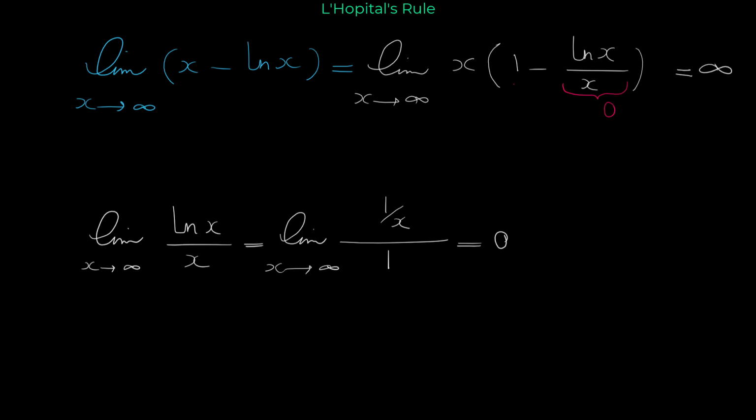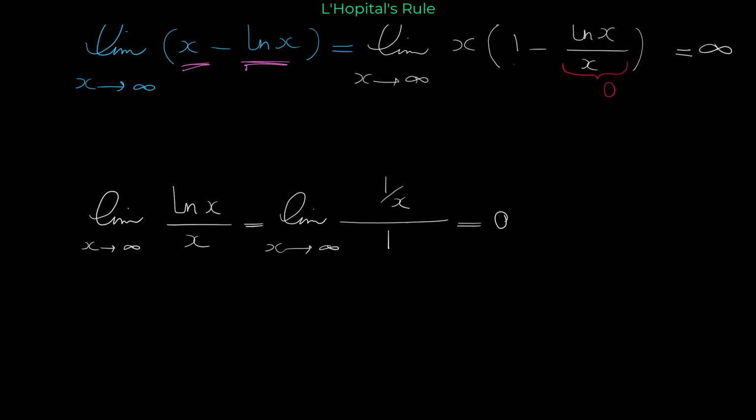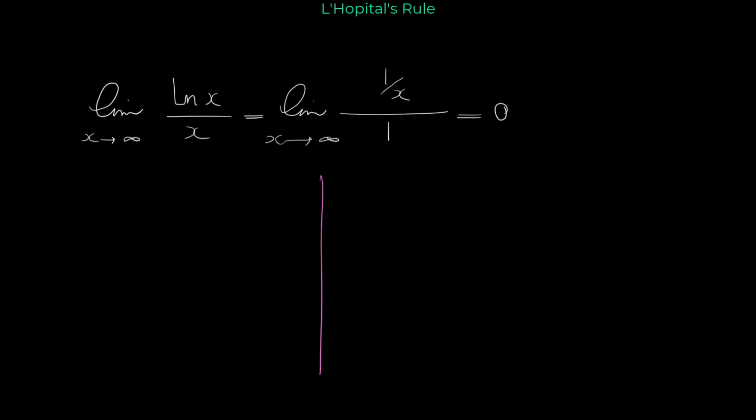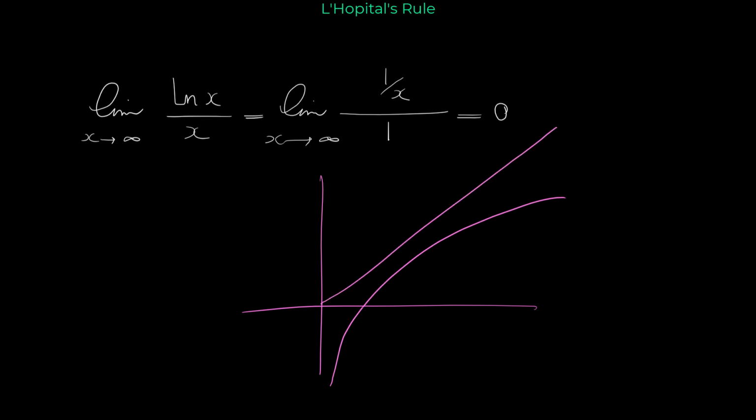How? Because we know that when x approaches infinity, ln of x grows slower than x. If you compare the graph of ln of x, which is something like this, and x, simply we can see that when x approaches infinity, when we go far to the right, ln of x grows slower than x itself.